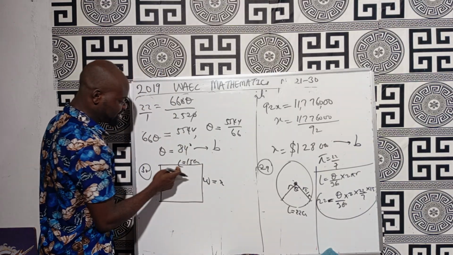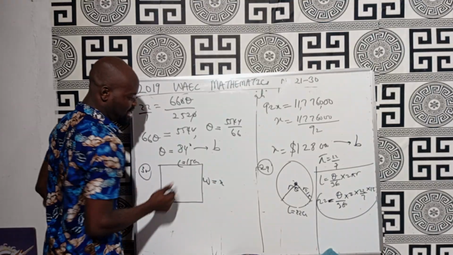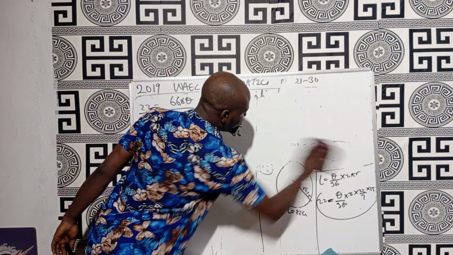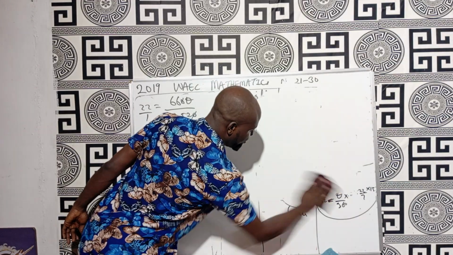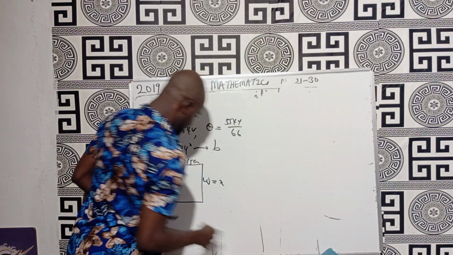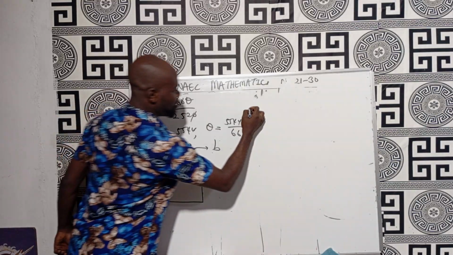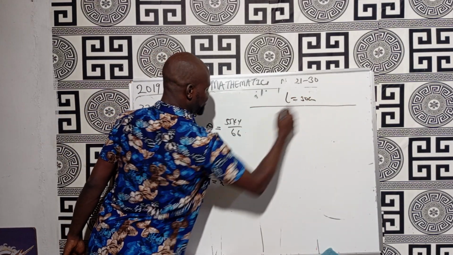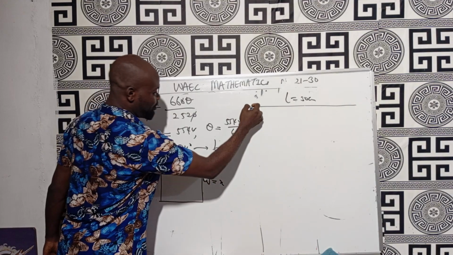That means if you double it, it becomes longer. Let me sketch it to make you understand very well. If you double, you make it longer. So this 15 has been doubled. Let's make it longer to 30. The second length is 30. And this width has been doubled. Make it longer.